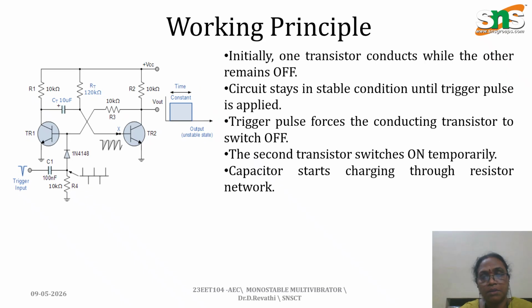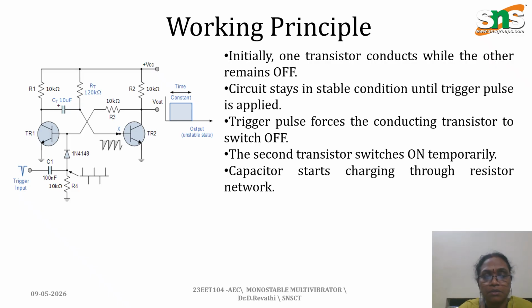Let's see the working. If you give the supply, as usual, both transistors try to turn each other on, but based on the resistance, based on the base values, one transistor is in on condition and another transistor is in off condition. If TR2 is in on condition, the collector voltage is low, sorry, which is given to the base of TR1.